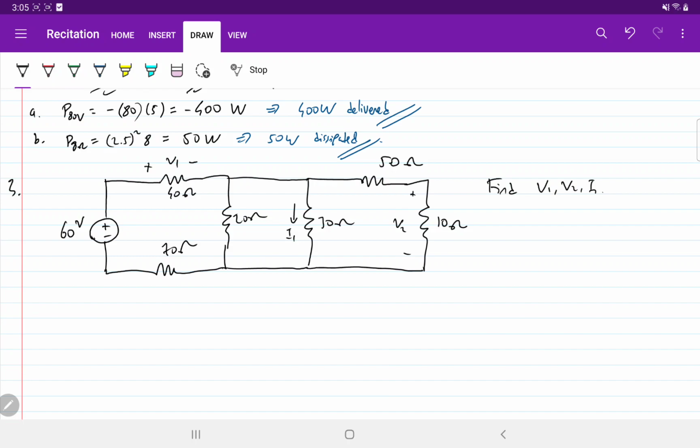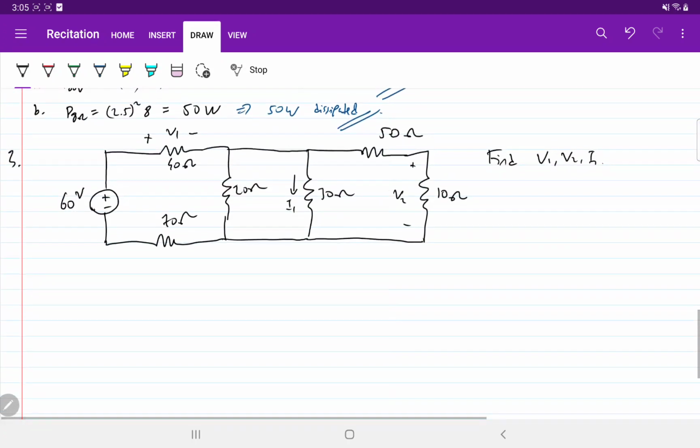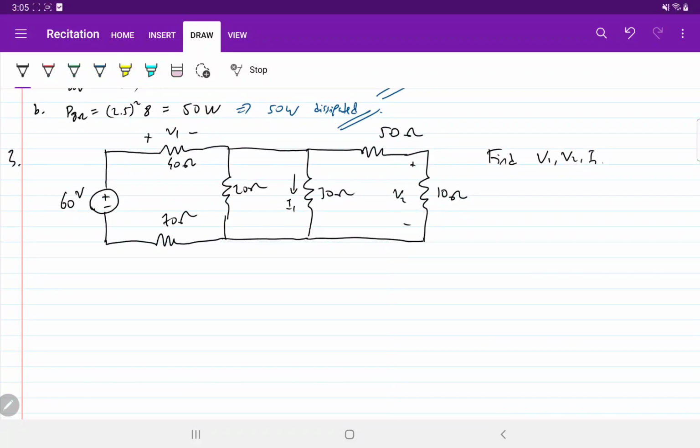So what are those? You should have learned these techniques, but I will explain it again briefly, how to use the voltage division or current division.